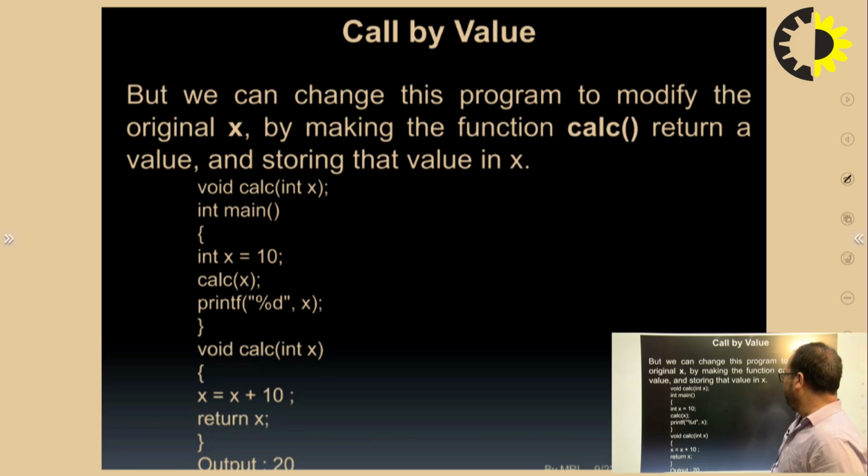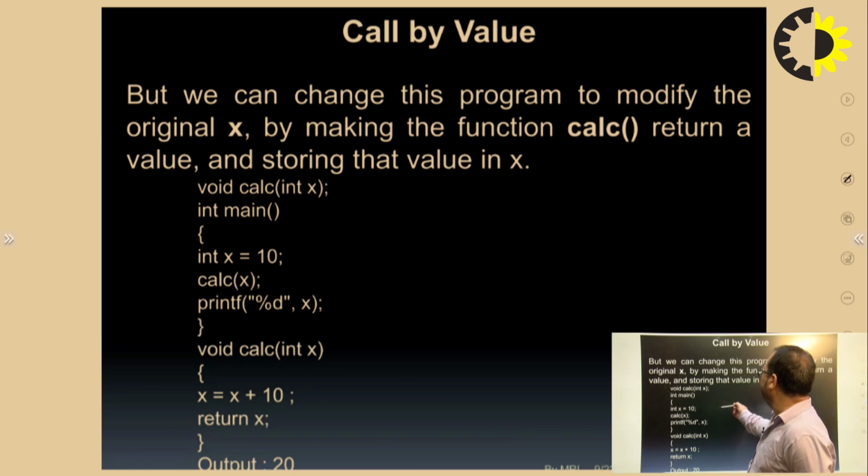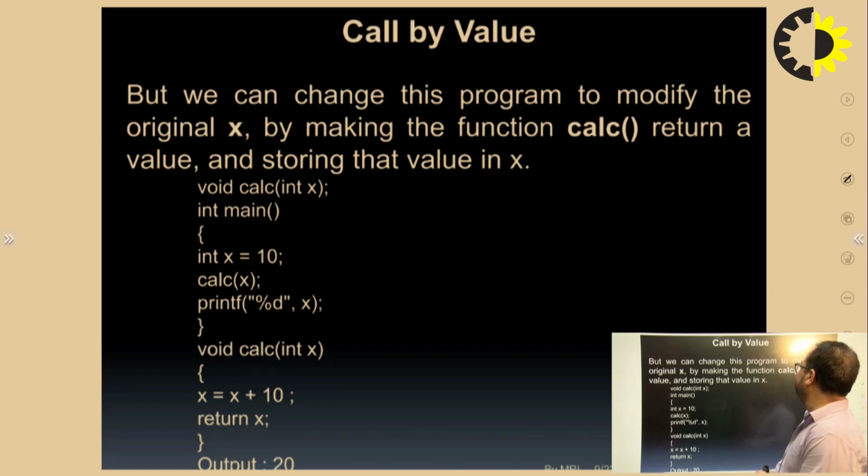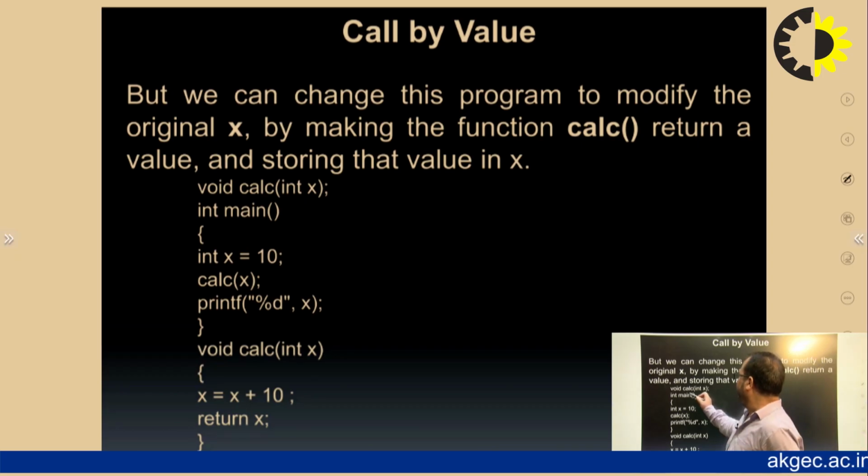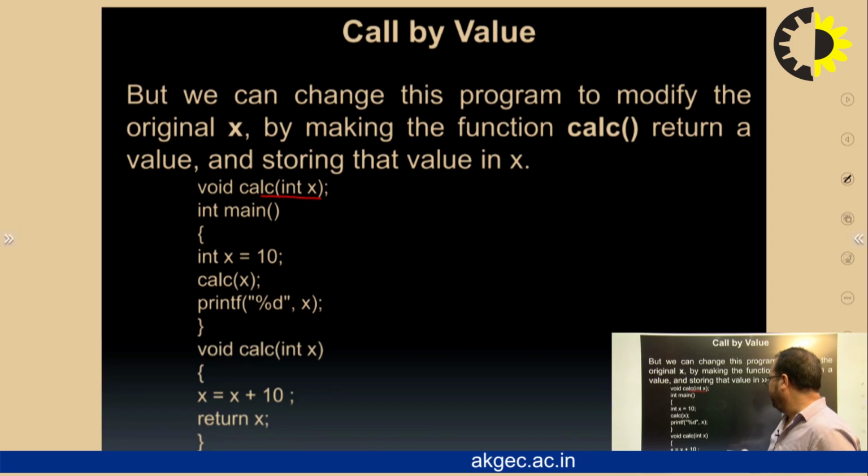Now, again, return x. Here is the same program, but we can change this program to modify the original x by making the function calc return a value. Like we have used calc int x. So x is 10, we have passed 10. Print a %d of x.